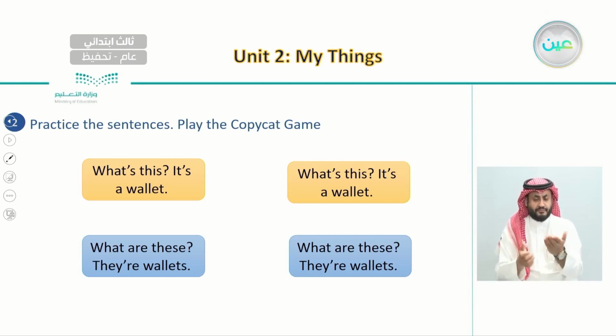There is no better way to learn these two questions than copying them. So for example, imagine that with your teacher or your classmate, someone would say this sentence, what's this? It's a wallet. And then you copy what the teacher said.